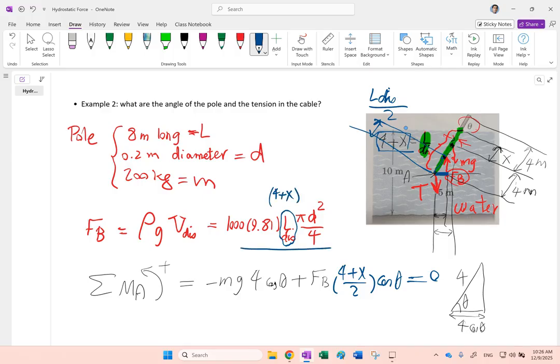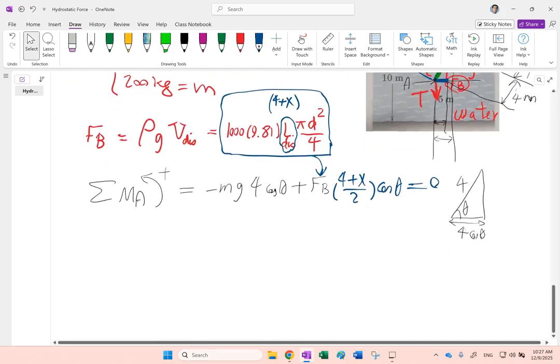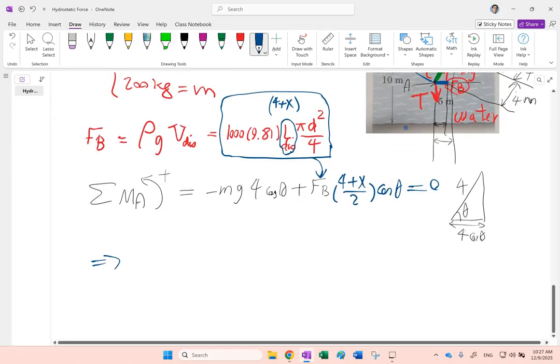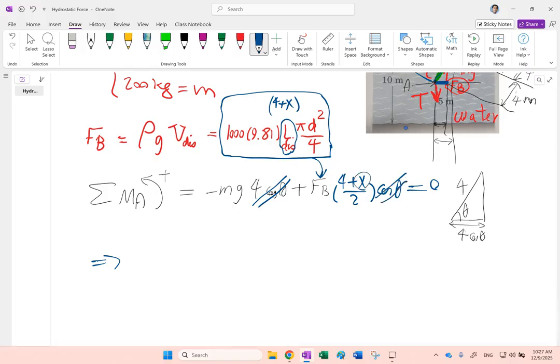So if I plug in this number that I found for F B, which is a function of x, into the sum of moments about A equals 0 and solve for it, cosine theta would cancel. The only unknown in the problem is x. You can solve for x, and if you solve for it, you're going to get 3.14 meters.